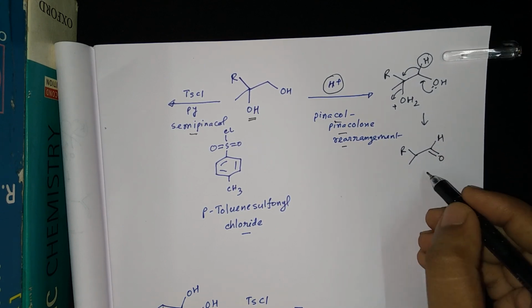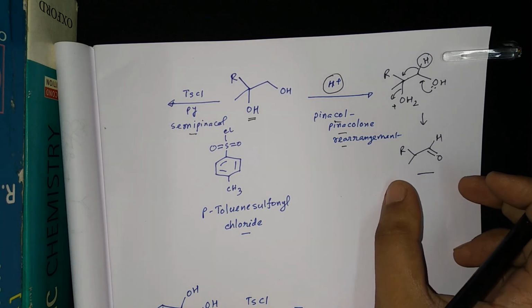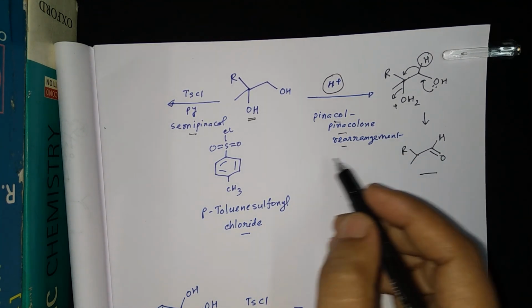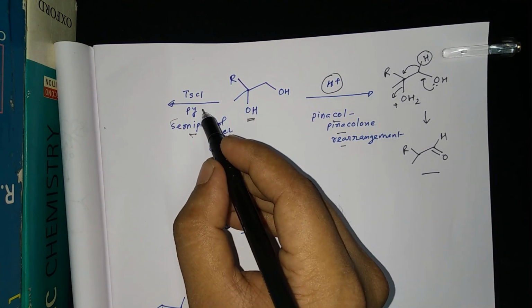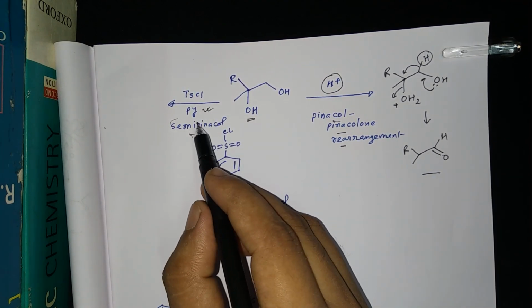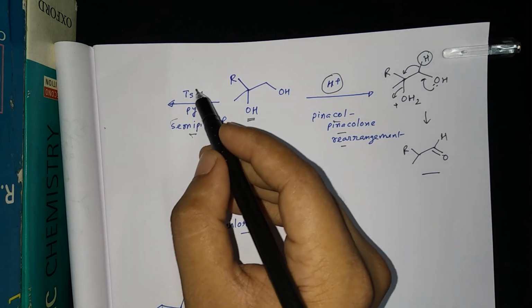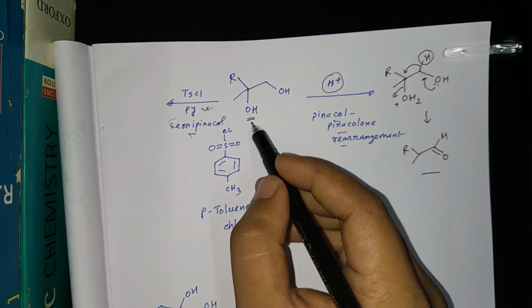This is the product formed in the pinacol rearrangement, but the case is different in the semi-pinacol rearrangement. It is a base catalyzed rearrangement, so tosylation will happen on one of the two OH groups.